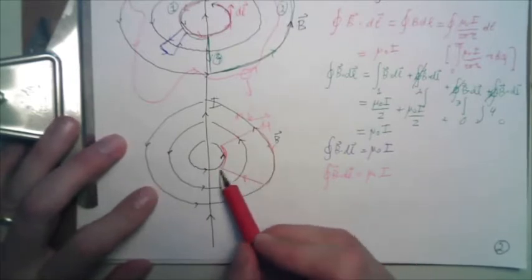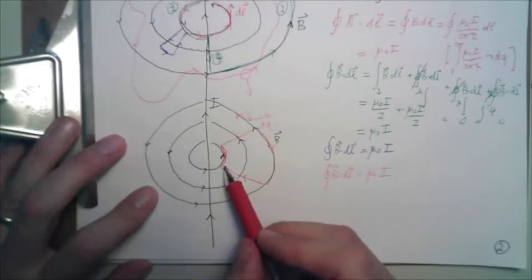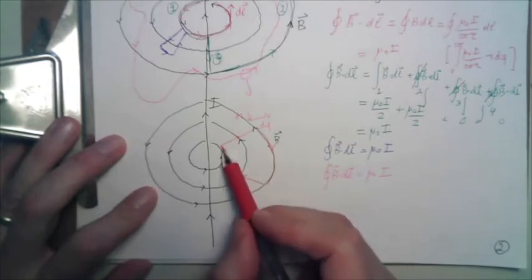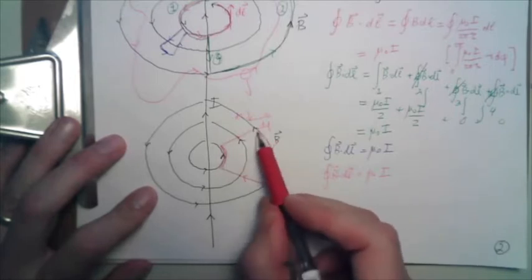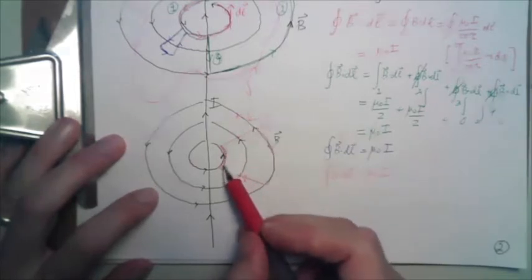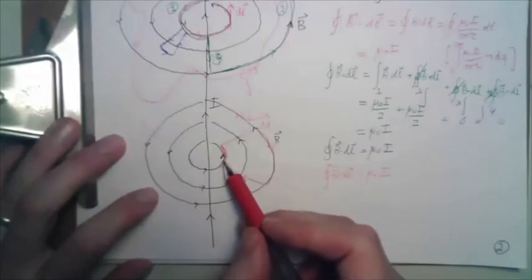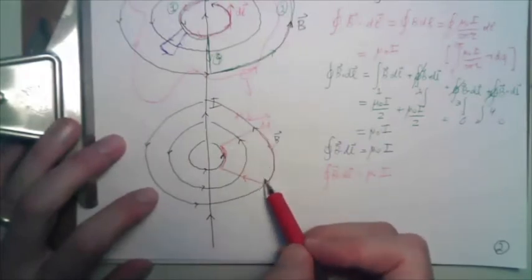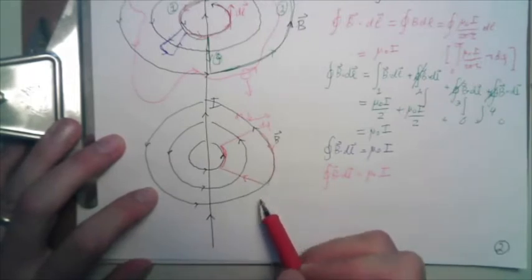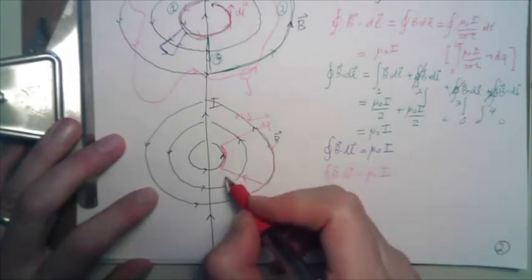So in this case, the line integral of B dl through a closed path for this one will be 0, because in this direction, it will pick up some B times the angle. This part is not doing anything, but here it's going in the opposite direction from this part of the path. So whatever increase we're getting here, we're getting a decrease there. Therefore, this type of line integral is going to evaluate to 0. And we can do the same thing.